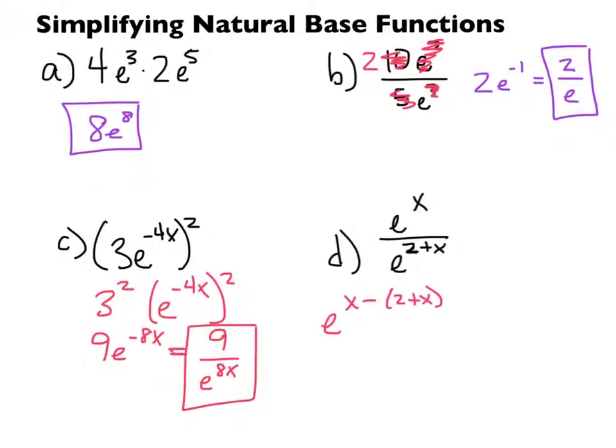I put this in parentheses because I have to subtract the entire exponent. That's e to the x minus 2 minus x. And see, this is important because now the x's cancel each other. x minus x is 0. So I have e to the negative 2. So simplify e to the negative 2: 1 over e squared.